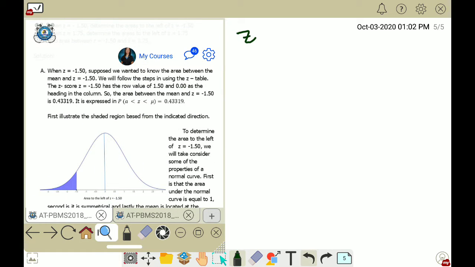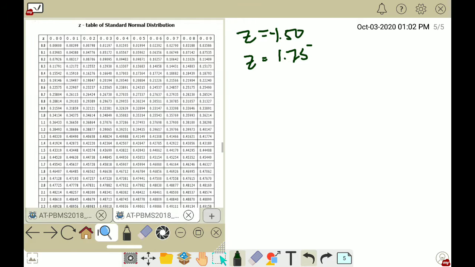given Z is equal to negative 1.5 and Z is equal to 1.75. Okay, so in this case, for example, we are going to utilize the Z table.